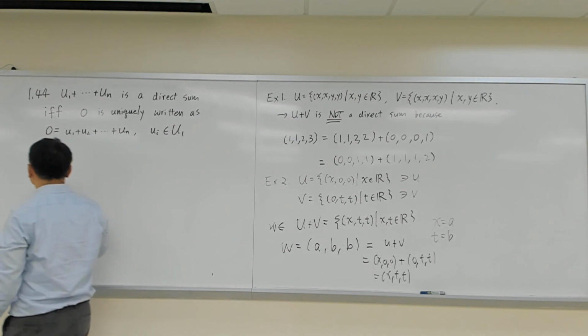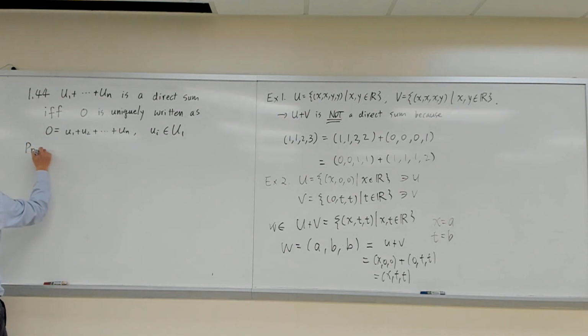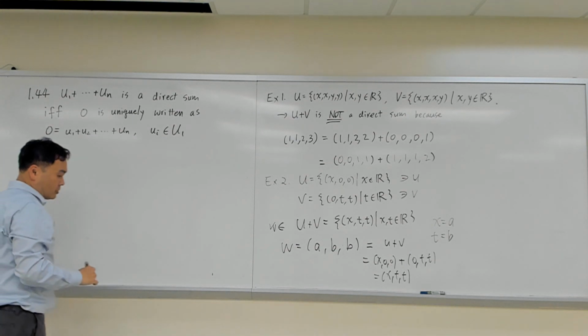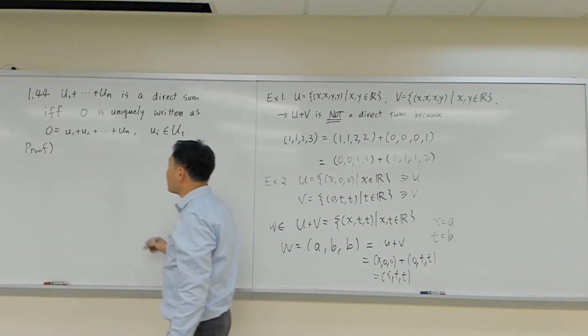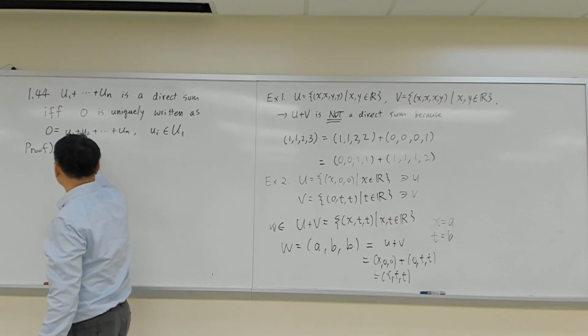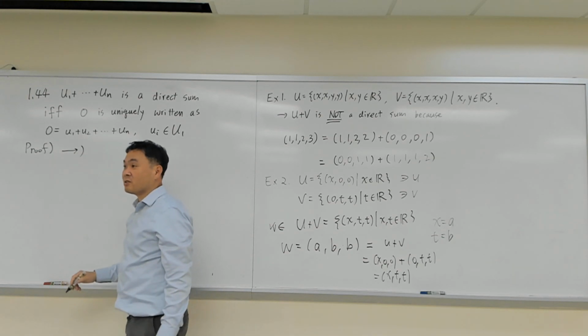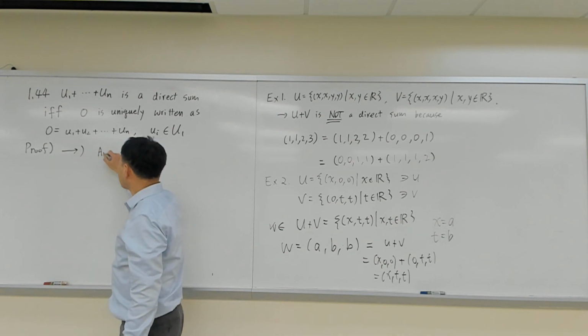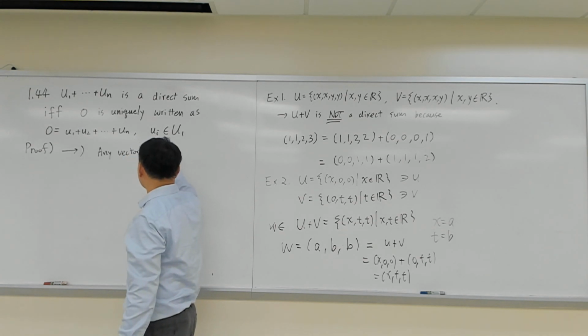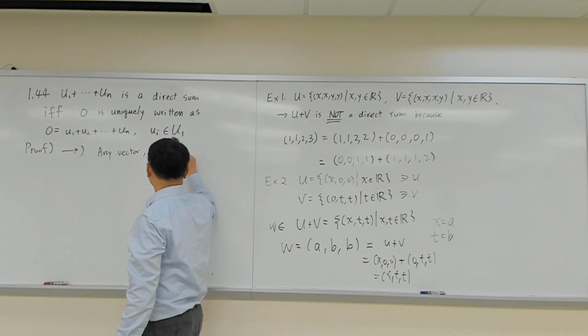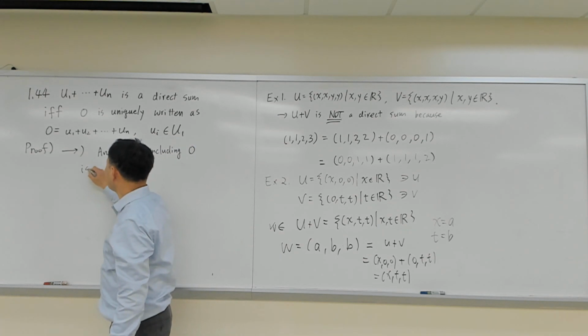Okay. Proof. Well, if it is a direct sum, that means any vector, including 0, is uniquely written.